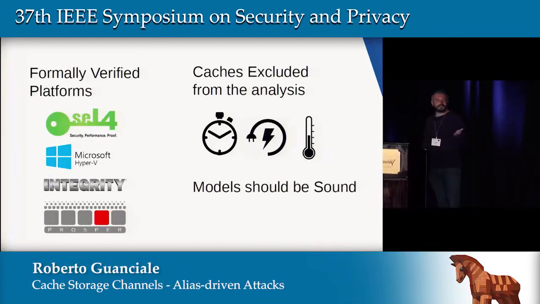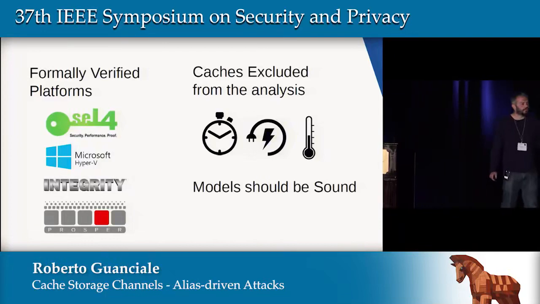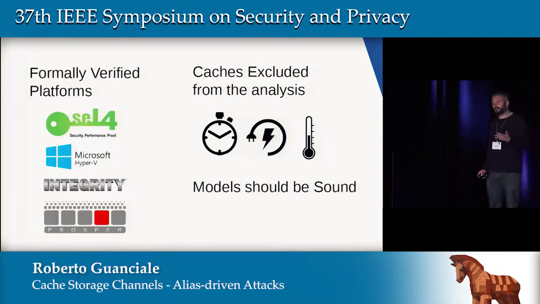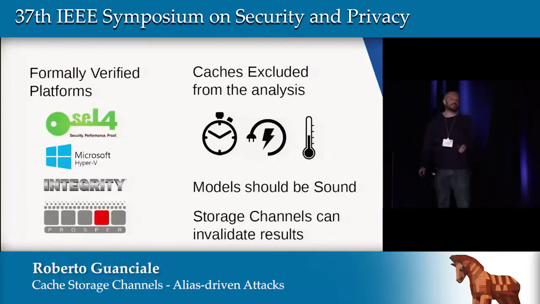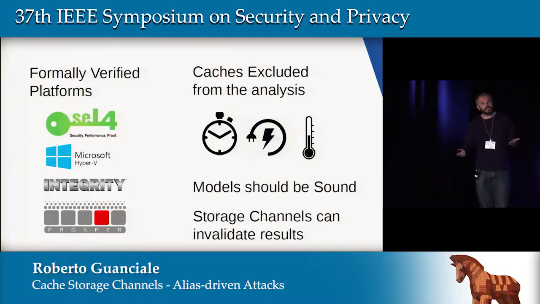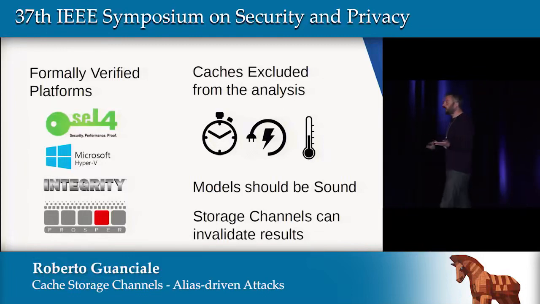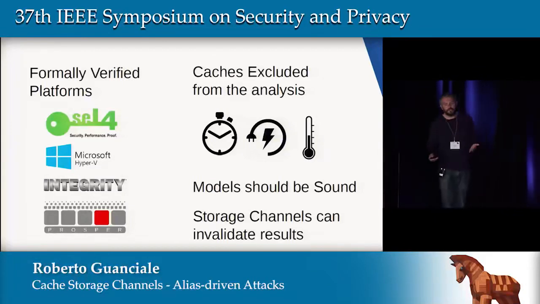If you have a system that has been formally verified down to the instruction set architecture, the formal model used for the analysis should correctly predict the behavior of the software over registers and memories. Unfortunately, sometimes this is not the case. The attack that I will present today uses cache to change the behavior of the software over some of the variables that have been used for formal verification, so it can be used to invalidate the formally verified result.